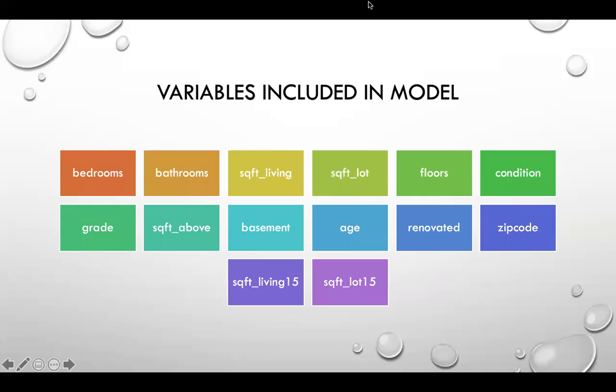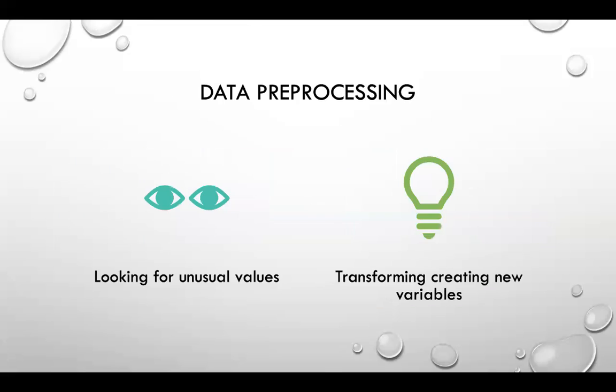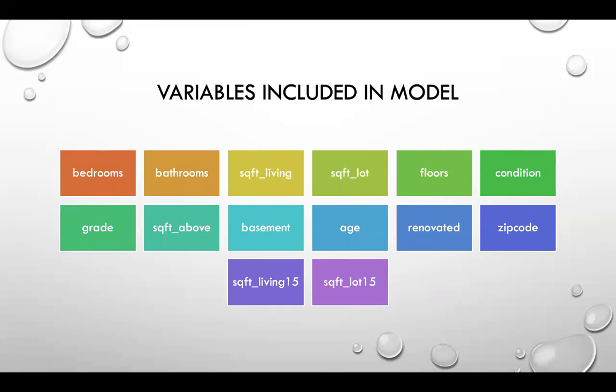Moving forward, I'd like to show you guys the variables that were included in my regression model. So first of all, I'd like to mention the strategy I'm going to be using to predict the prices.